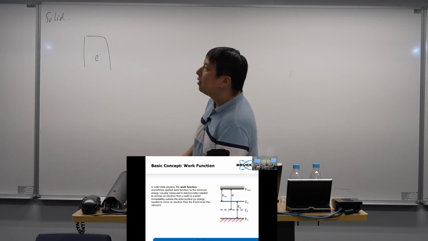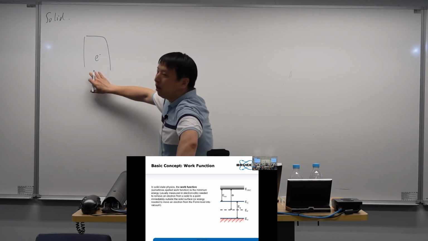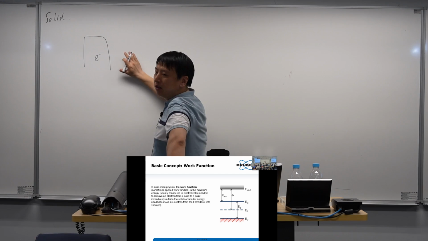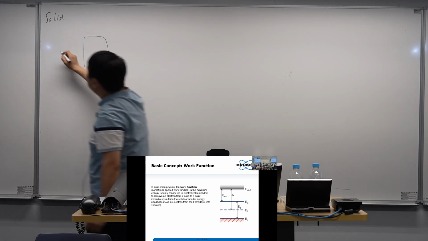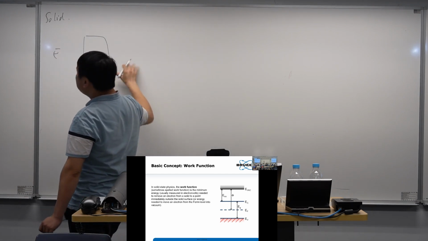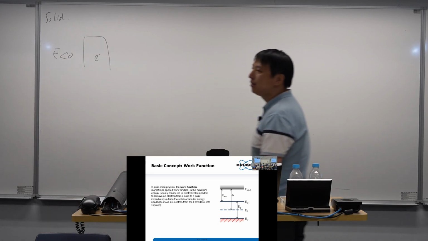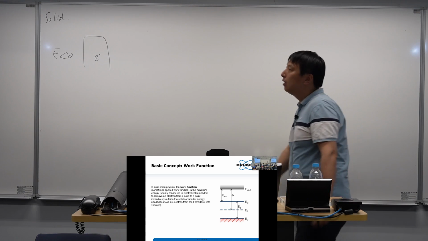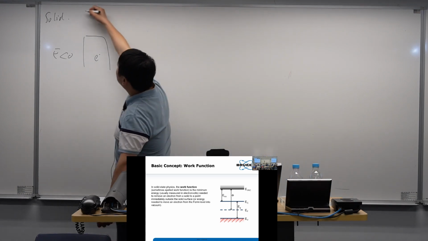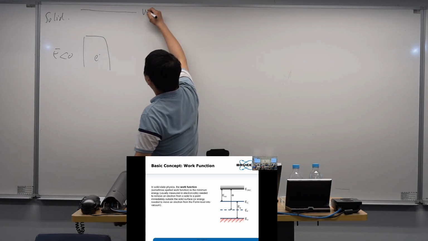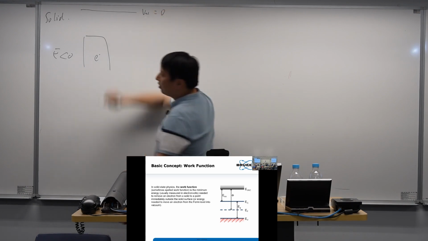But in principle, all these electrons are confined by the nucleus. So the energy of the electrons inside the solid should be negative, right? The same as the hydrogen atom. And then we define the energy level of vacuum as zero.